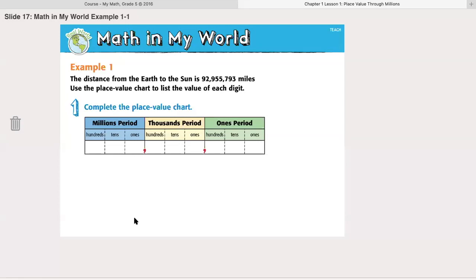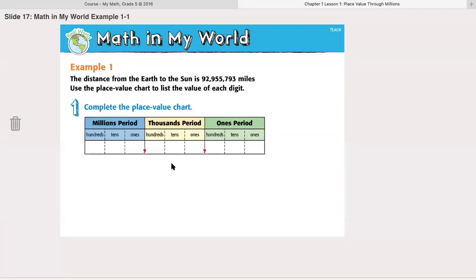Each group of 3 digits is separated by commas and is called a period. So here in green is the ones period. Here in yellow is the thousands period. And here in blue is the millions period. Each of those is separated by a comma.